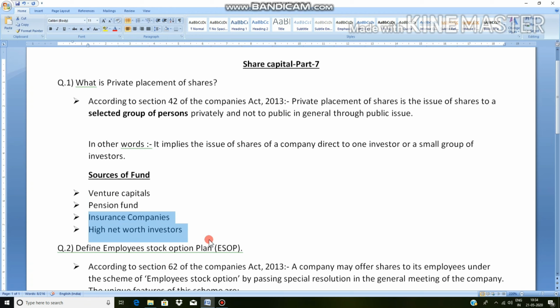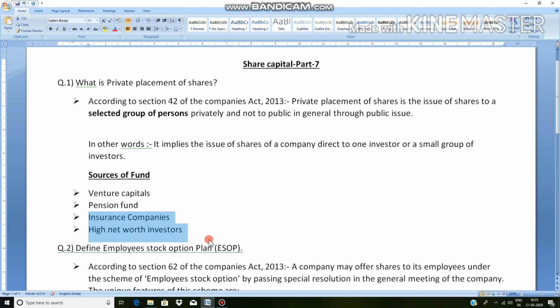directly. And there is an important point that there is a participation limit of maximum 50 members in this process, and only that member or participant can purchase shares who gets offered directly from the company. Again I repeat, only that member, person, company or investor who is offered directly from the company can purchase company shares.